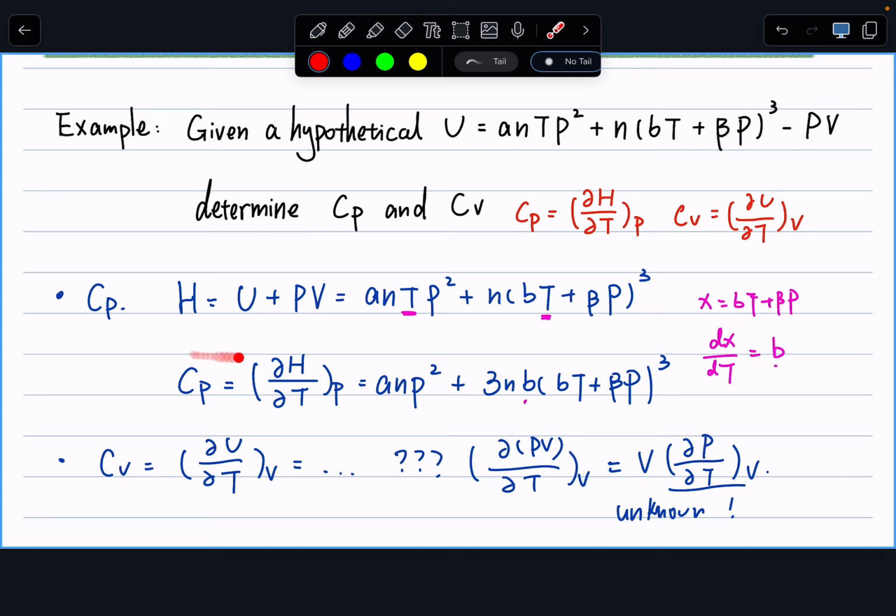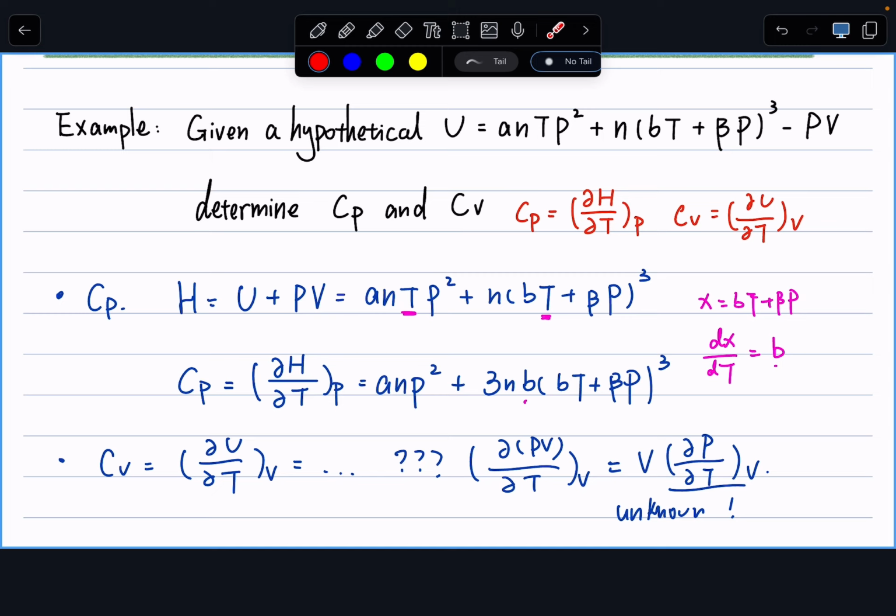So we write, first of all, an expression of enthalpy using the definition of enthalpy, which equals ANTP squared plus N times BT plus beta P to the third. Right, so this entire term, we're trying to solve what is the derivative of all of these terms with respect to temperature.